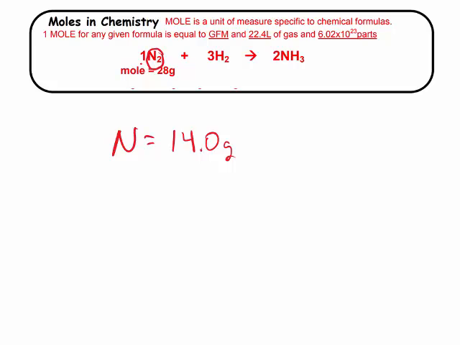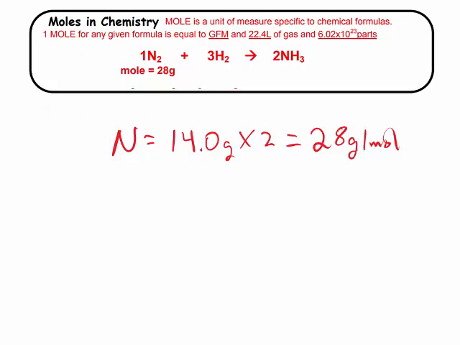And so that means that I am going to take the 14 and say 14 times 2 equals, and that's where I get the GFM, which is 28 grams per mole. Gram formula mass always equals 1 mole. So if I want to know the mass of a mole for any substance, all I have to do is take the elements in the formula and use their masses to find the GFM. So in this case, it would be nitrogen's mass times 2.